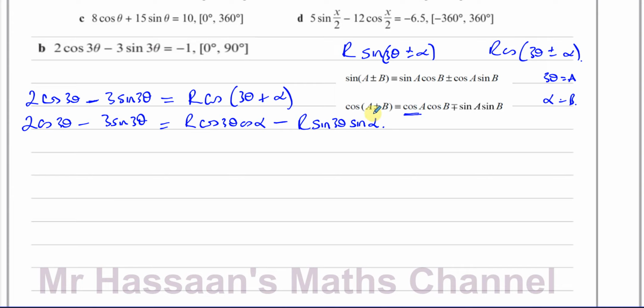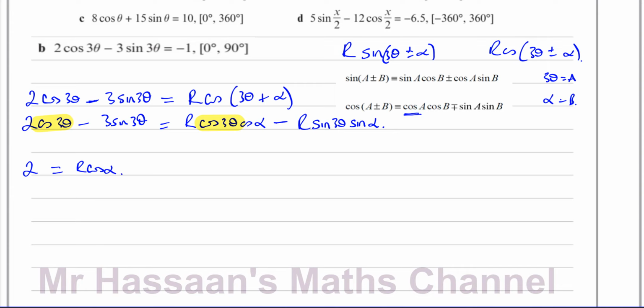Now we can use comparing coefficients to figure out what r and alpha are. For example, if I look at the coefficient of cosine 3 theta on this side, I have 2. On this side, what's multiplying the cosine 3 theta? Well, it's r cosine alpha.